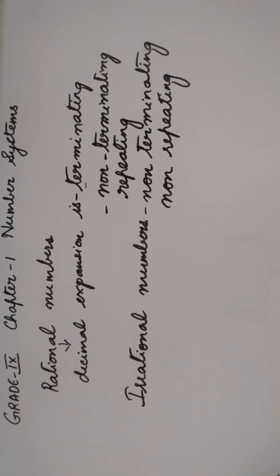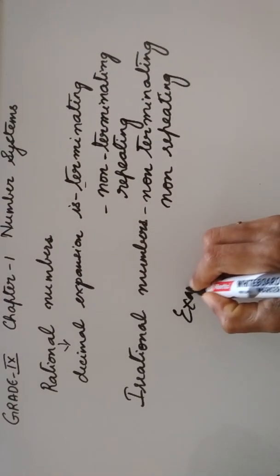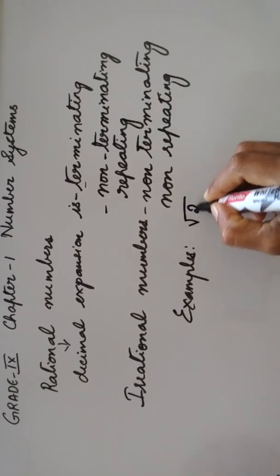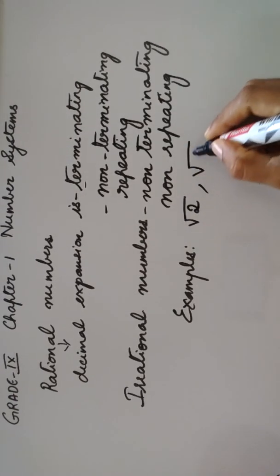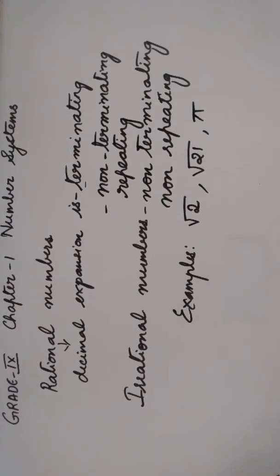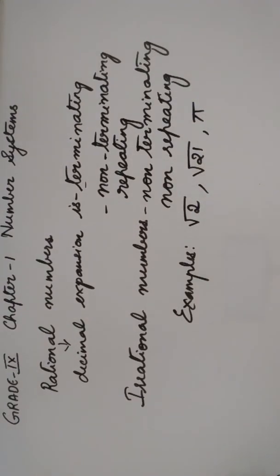So the examples for irrational numbers are root 2, root 21, pi. All these are irrational numbers. Did you get this, students? Root 2, root 21 and pi.